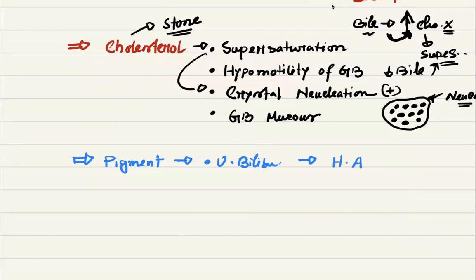Also, maybe we can have this in ascending cholangitis patients, because of the bacterial contamination of the biliary tree, because of the infection of that area. All right, so simply, if the levels of unconjugated bilirubin are increased, it can cause the formation of these pigment stones.